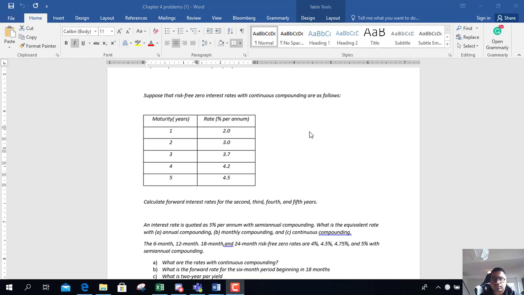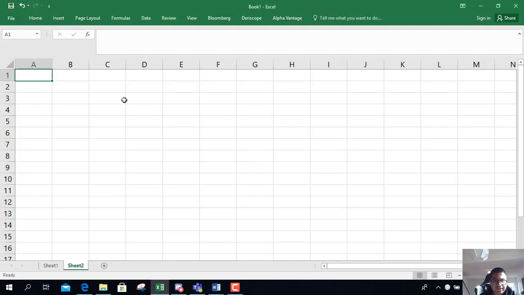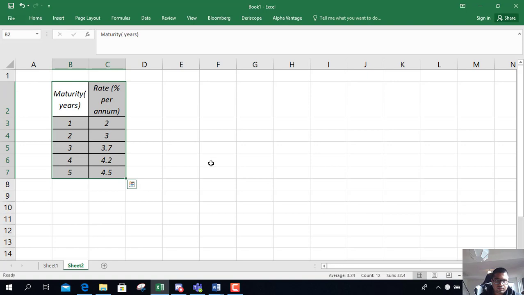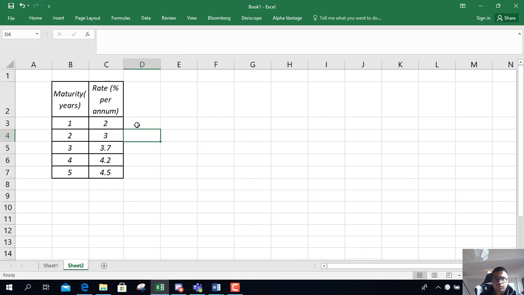Okay, so let's do it. I've copied it to an Excel. The forward rate in year 2 will be, I'll write down the formula first: zero rate in the current time period multiplied by the corresponding time, minus zero rate in the t minus 1 time period multiplied by t minus 1.